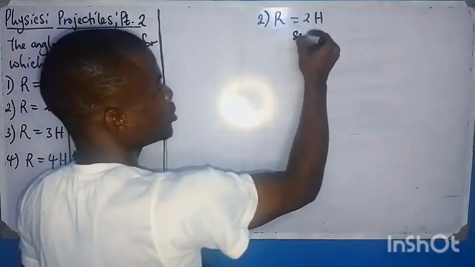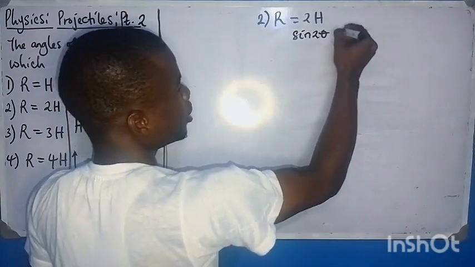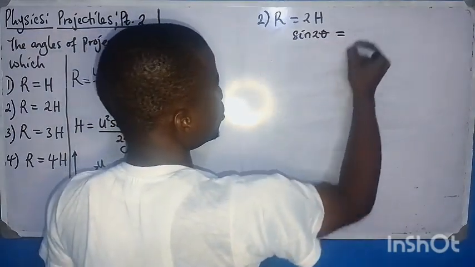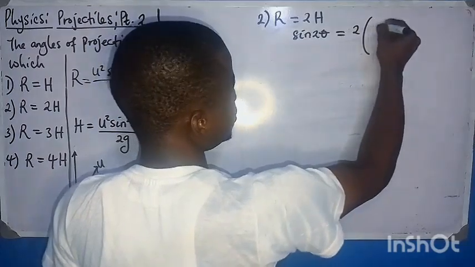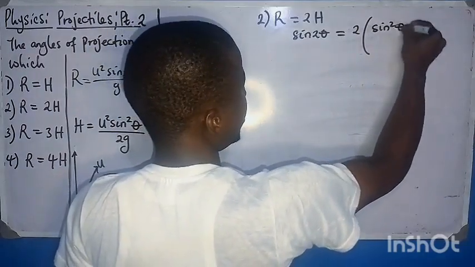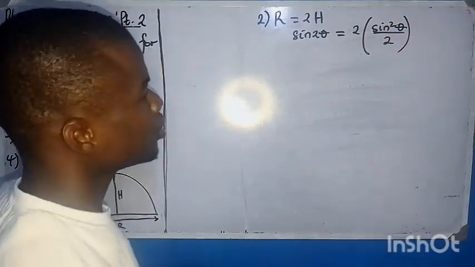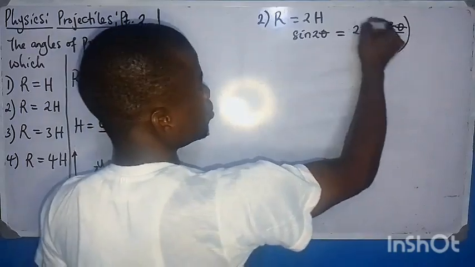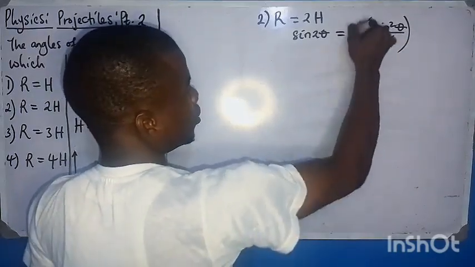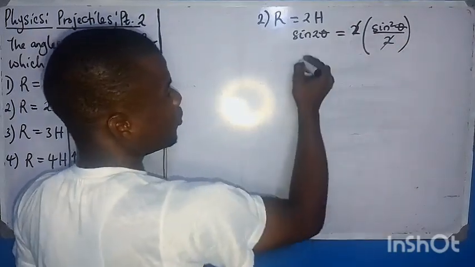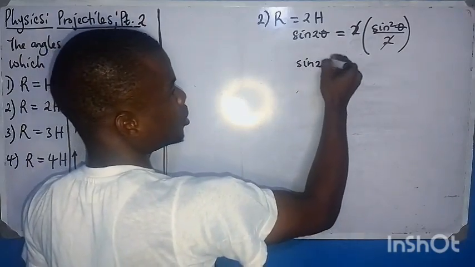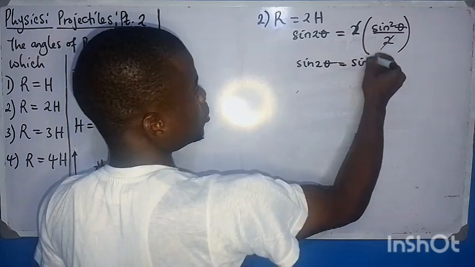So we are left with sine 2 theta is equal to 2 times sine squared theta all over 2. That's what is left there. So here, this would take this off, and we are left with sine 2 theta is equal to sine squared theta.